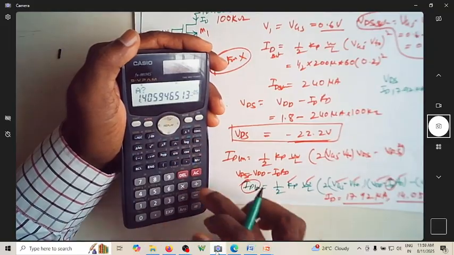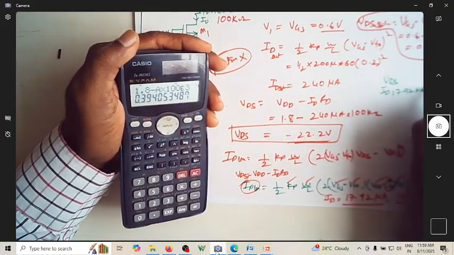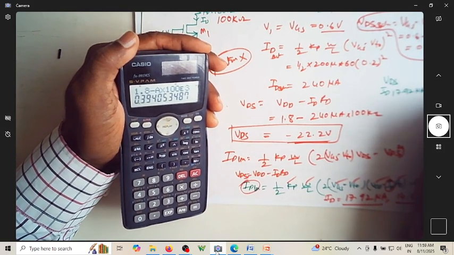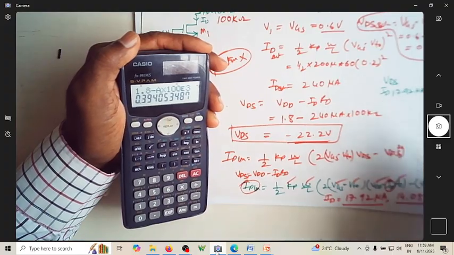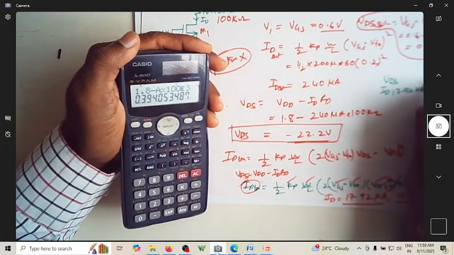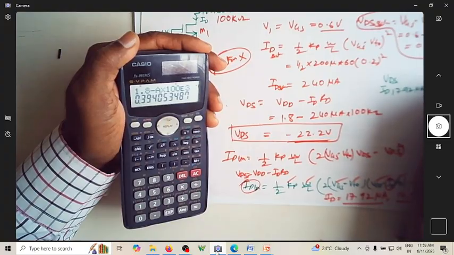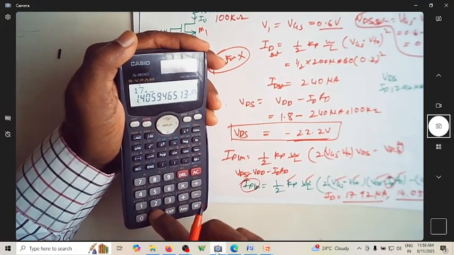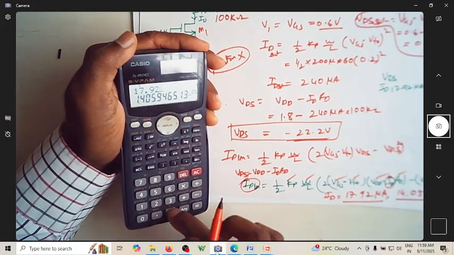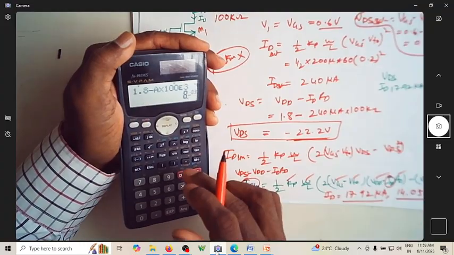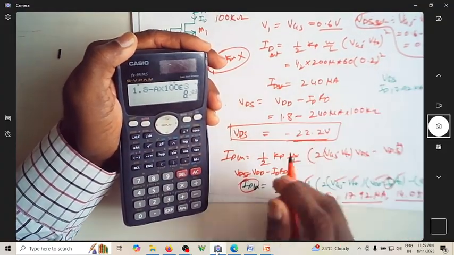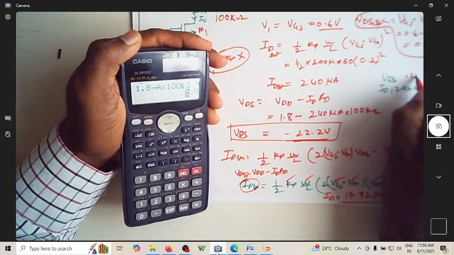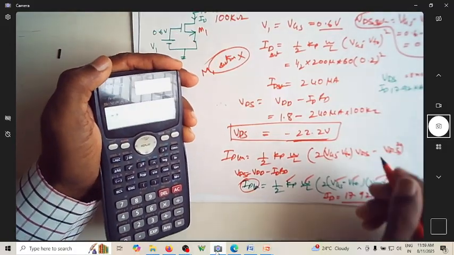For this value, for 14.05 microampere, the VDS is coming out to be 0.394 volt. Let me calculate for 17.92 exponential of minus 6. If I find out, that comes out to be 8 millivolts.